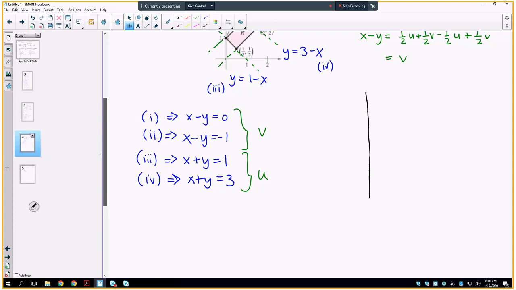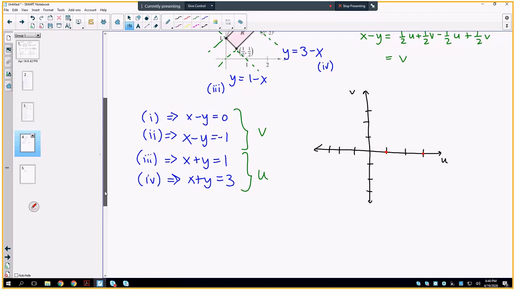Now, if I draw the UV plane, then I know my U is between 1 and 3. So from here to here. And my V is between -1 and 0.